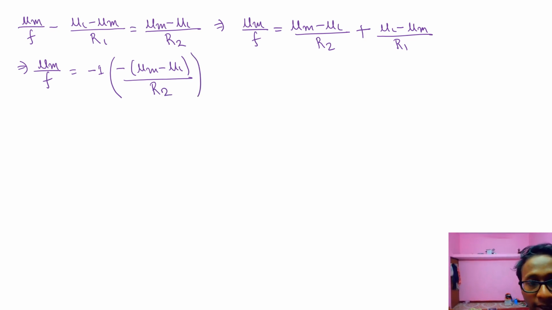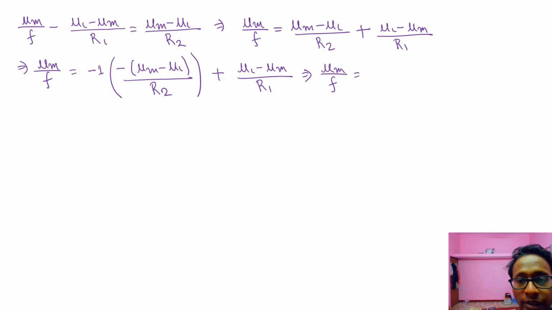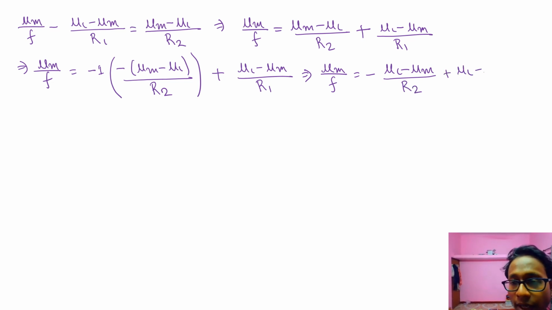We'll see a little bit later. So if I multiply minus into mu m minus mu l, it is nothing but mu l minus mu m. So mu m by f is equal to minus of mu l minus mu m divided by r2 plus mu l minus mu m divided by r1.